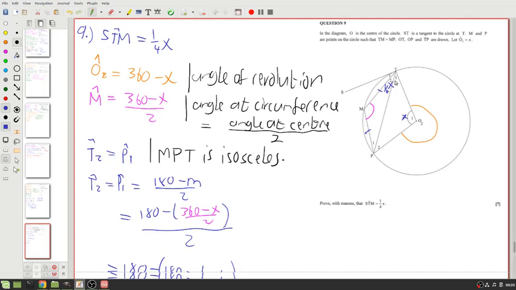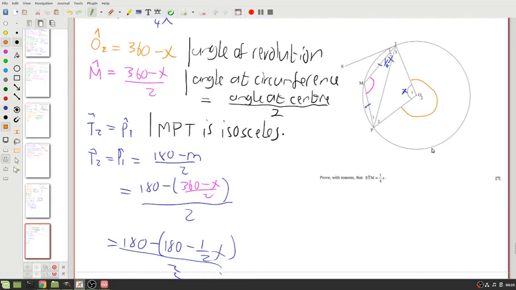Right, what else can we do? Oh, we can do T3. So what will T3 be equal to? Well, we know that triangle OPT is isosceles. So let's say T3 is equal to P2, and our reason again is isosceles triangle. And how can we know it's isosceles? Well, because that's a radius and that's a radius, and a radius is always the same length in the same circle.